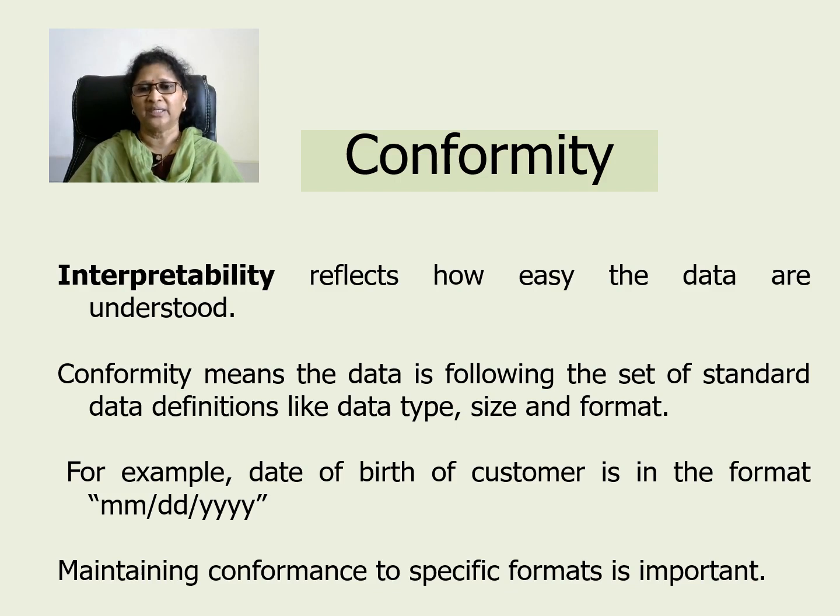Conformity means the data is following a set of standards and data definitions like data type, size and formats. A typical example is the date of birth of customers. Sometimes we follow MMDDYY, sometimes it is DDMMYY. So maintaining conformance to a specific format is nothing but conformity of data.